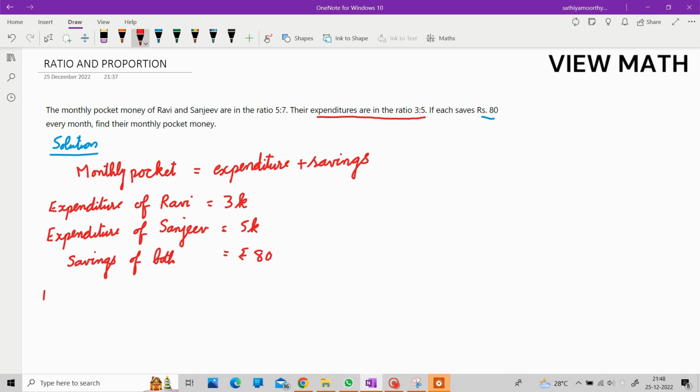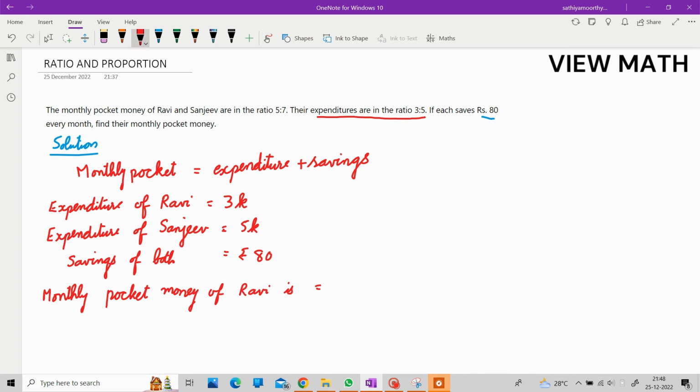Now what is the monthly pocket money of Ravi? Monthly pocket money of Ravi is equal to expenditure plus saving.